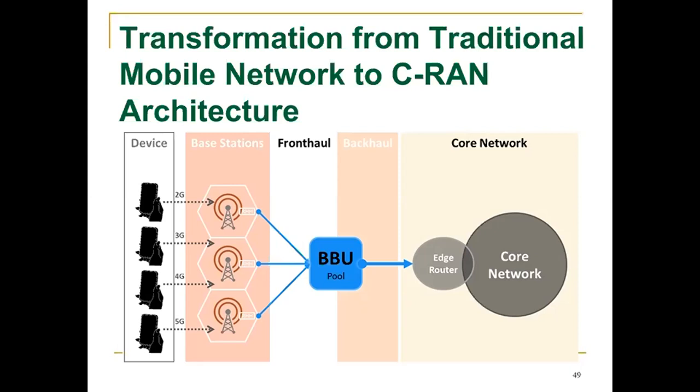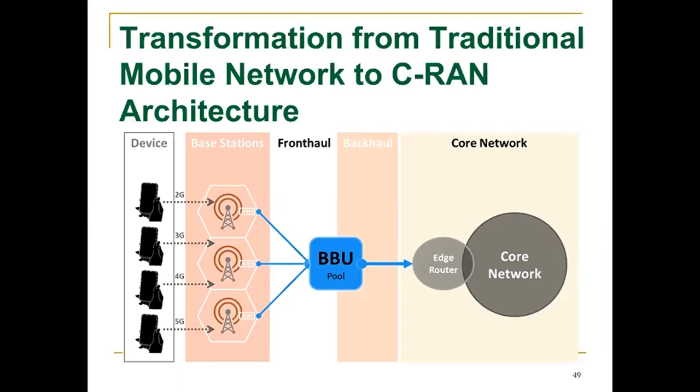So what they did is to decouple the costly component of the base station tower, that is the baseband unit, as seen in the blue box. The blue box is called the baseband unit and is responsible for digitizing the radio signals for a number of reasons.